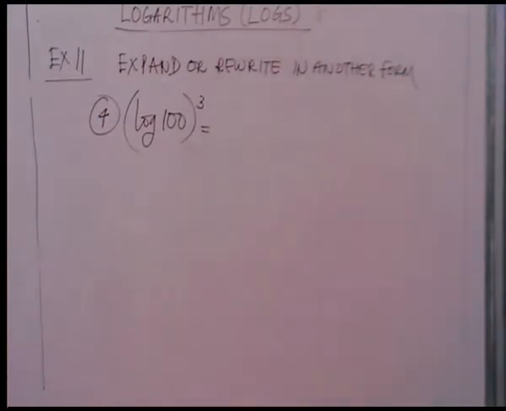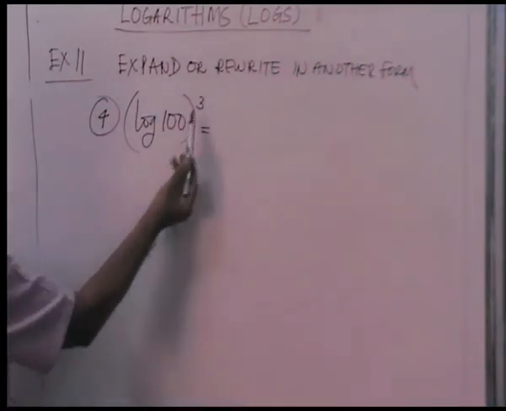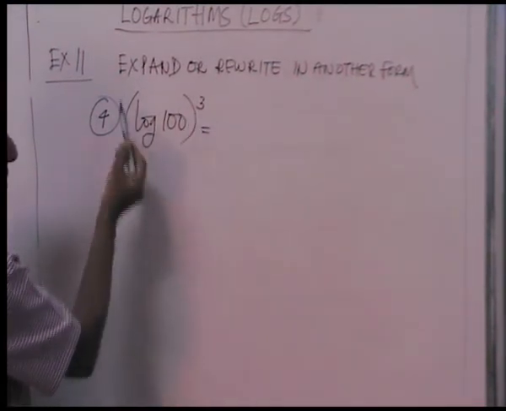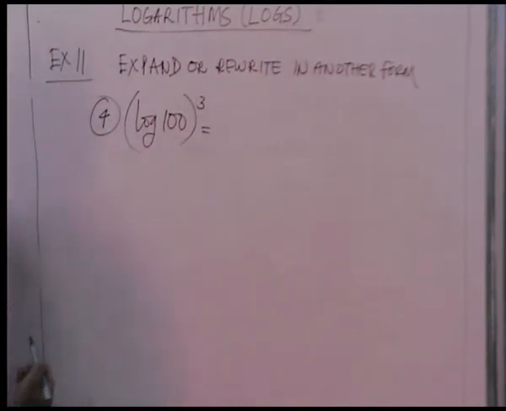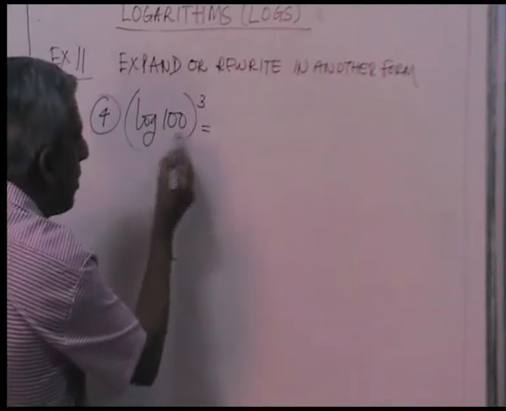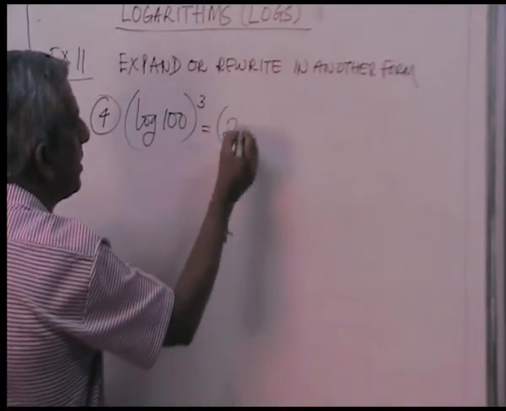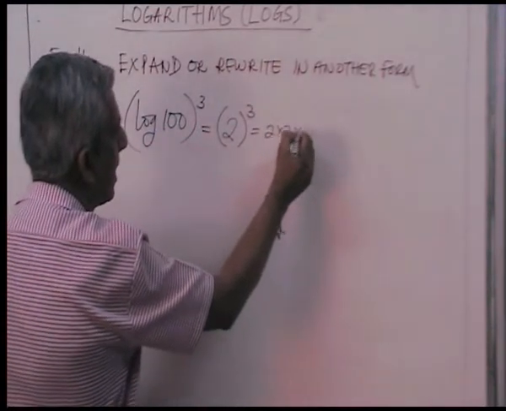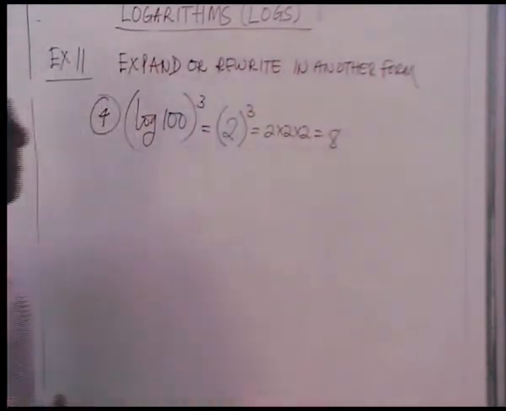Right, in this question you got log of 100 cubed. So you got to be careful. That 3 is not an index here. It's log of 100 all cubed. So you follow the instructions. So what is log of 100? It is 2. So it will be 2 cubed, which is 2 times 2 times 2, which is 8.